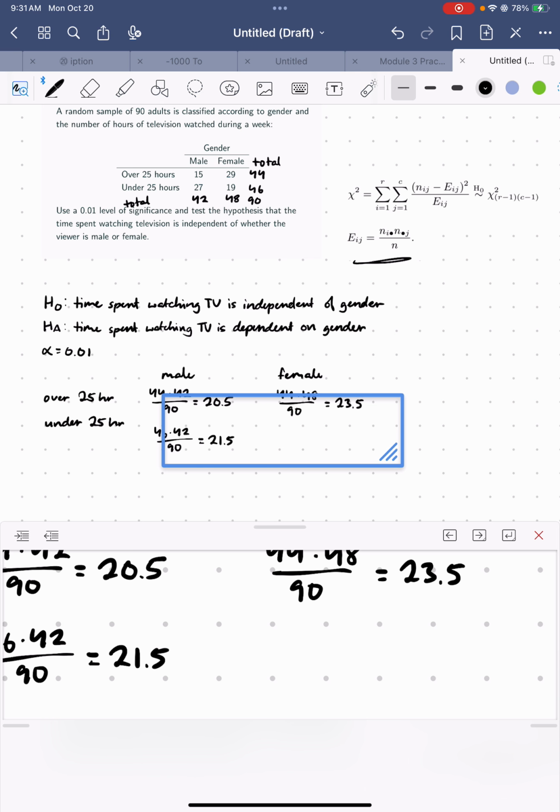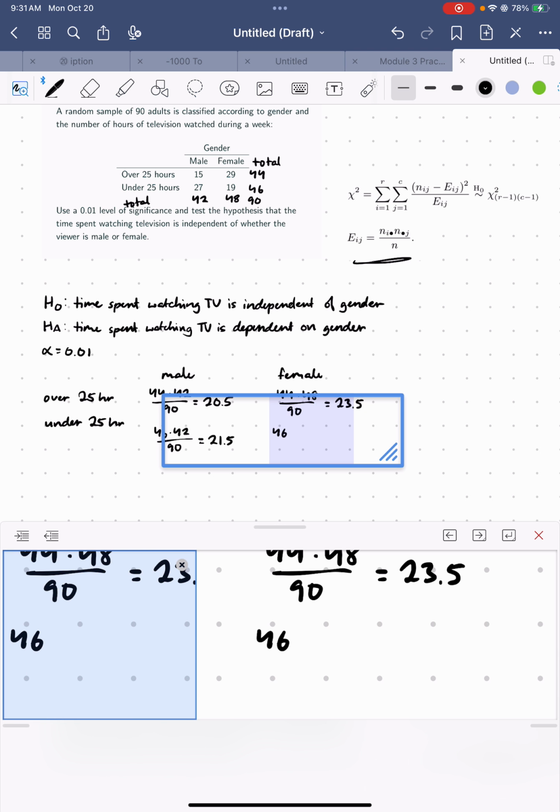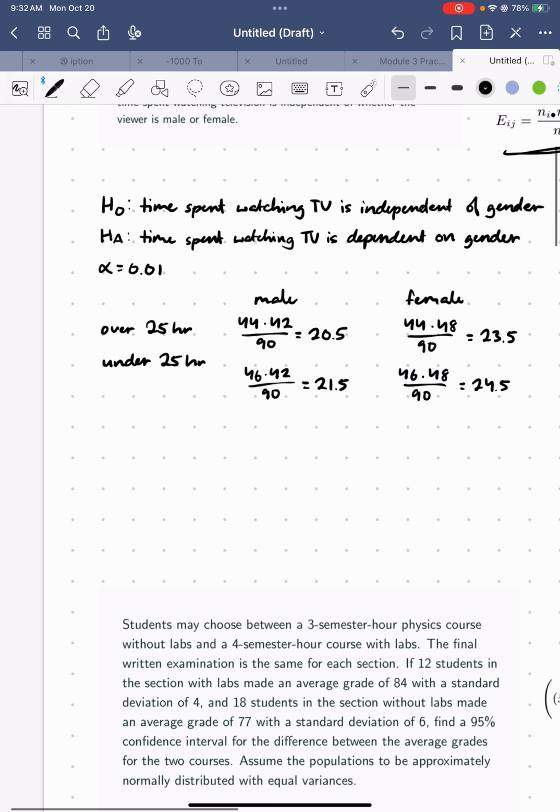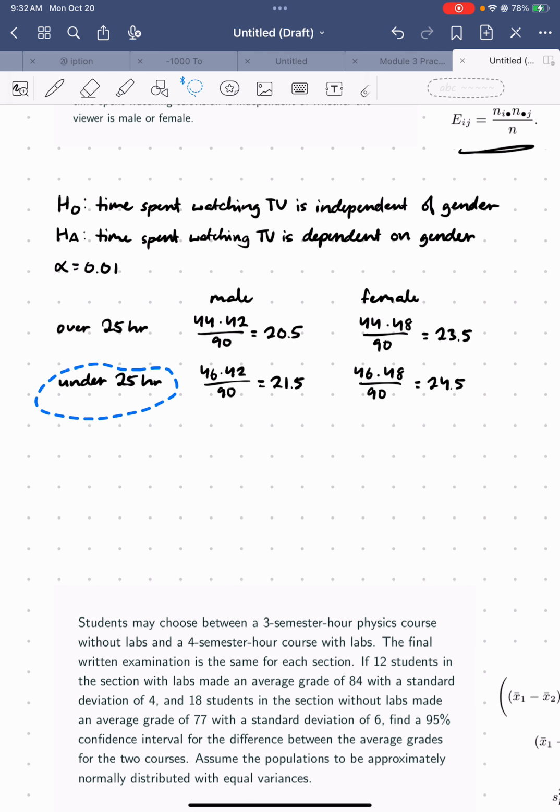And finally we have 46 times 48 divided by 90. And that is 24.5. And so these are our expected values.